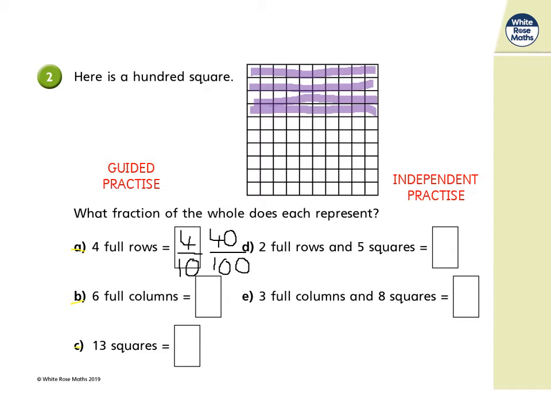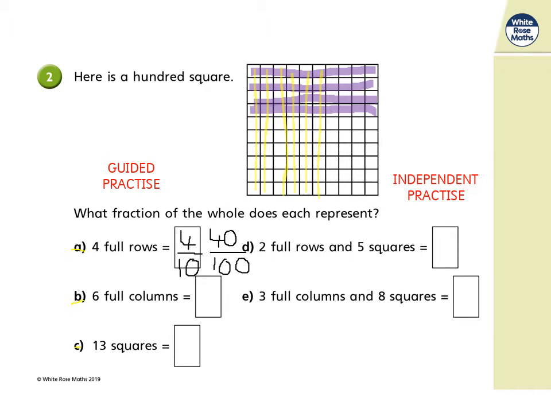Now let's look at B. They have 6 full columns. So this time I'm going to go down the column. So I've got 1, 2, 3, 4, 5, 6.